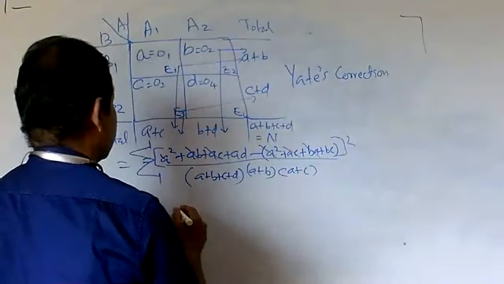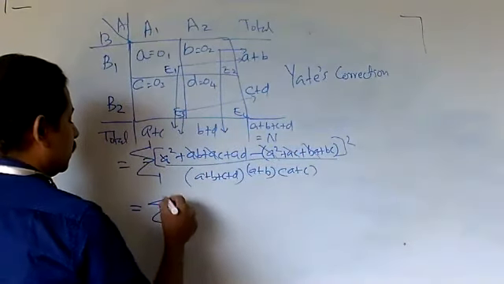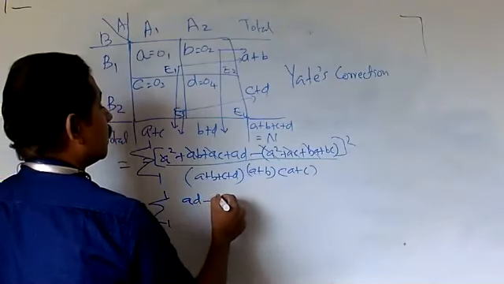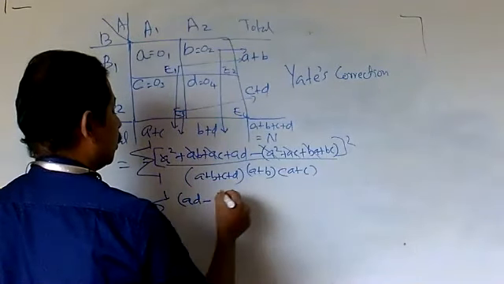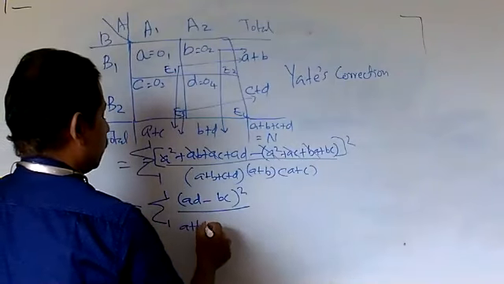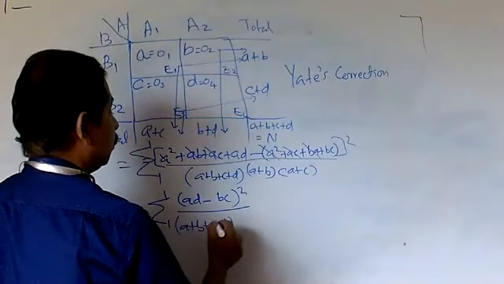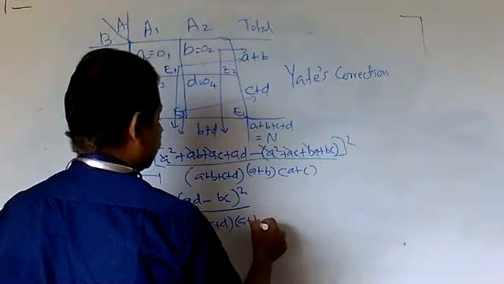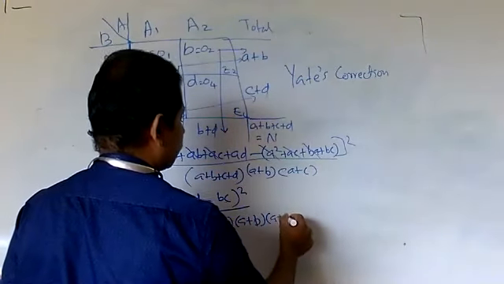The remaining is the summation: (AD minus BC) whole square divided by A plus B plus C plus D into A plus B into A plus C.